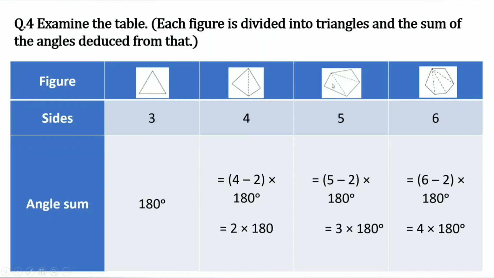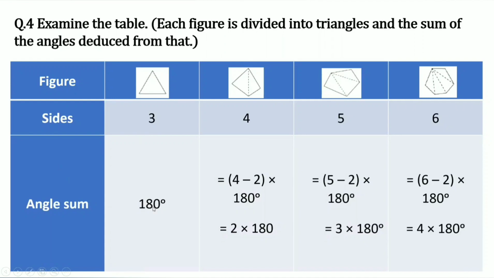The third diagram has 1, 2, 3, 4, 5 sides, so it is a pentagon, but again it is divided into three triangles. And this one has 1, 2, 3, 4, 5, 6 sides, so it is a hexagon, and that is divided into 4 triangles. So this figure has 3 sides, this has 4, this has 5, and this has 6.